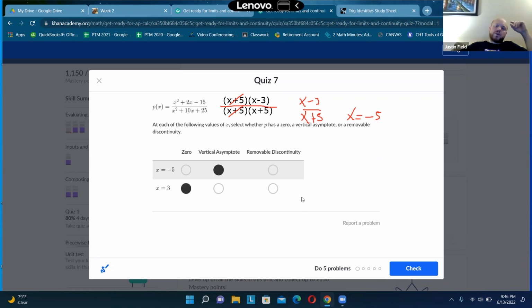Now the removable discontinuity would be, let's pretend that this factored and had an extra x or x minus 2 or some other factor. And so if it was x that canceled out on the top and the bottom, then x equals 0 would be a removable discontinuity.